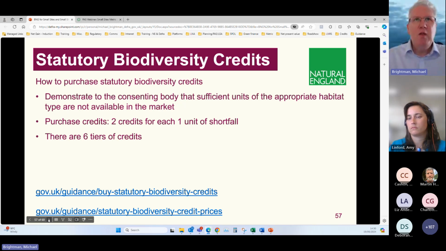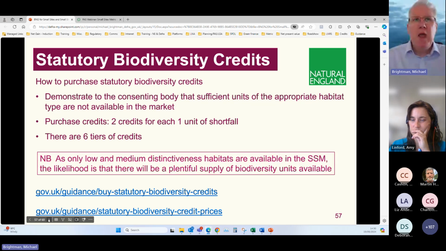They must demonstrate to you as the consenting body that sufficient units of the appropriate habitat type aren't available in the market. When they purchase the credits, they purchase 2 credits for each unit of shortfall, and there are 6 tiers of credits. Information on the buying process and the credit prices, which are set by DEFRA, links at the bottom of the slide.